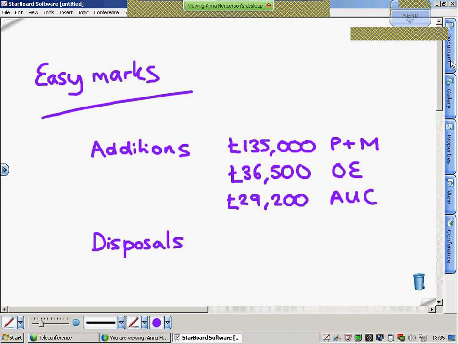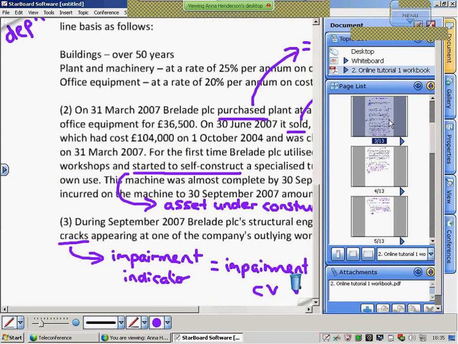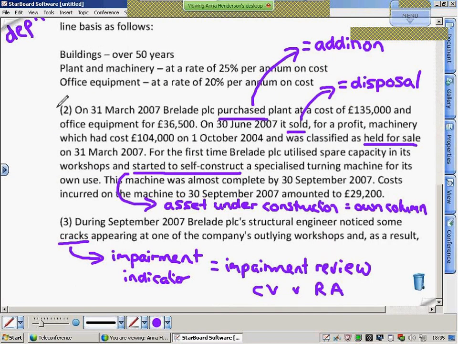And if you're wondering where I'm pulling all those numbers from, I'm taking them from that detailed review we did. They were in paragraph 2 essentially. So there is our 135, there is 56,500, and there is our 29,200. So let me just have those up so you can definitely see where they're coming from.